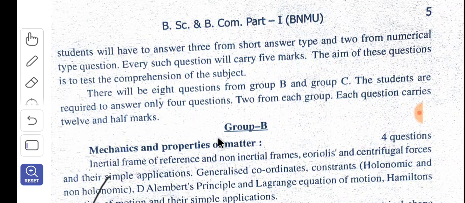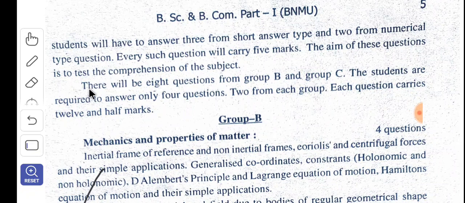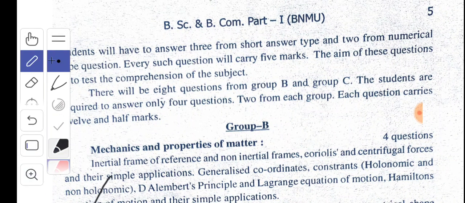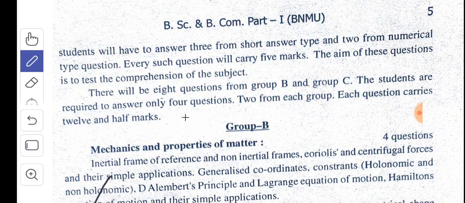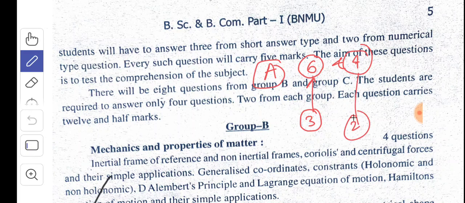Students, it is also important to know that from a paper point of view, questions are divided mainly into 3 groups. In group A there are 6 short answer type questions and 4 numerical type questions, and we have to answer 3 short type questions and 2 numerical type questions.